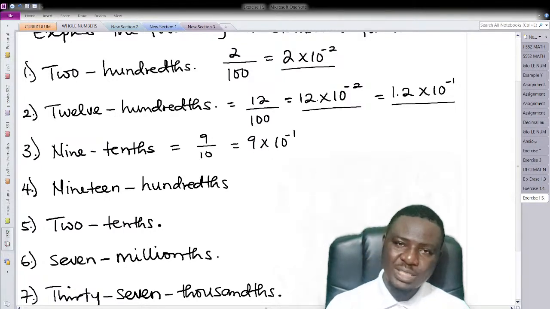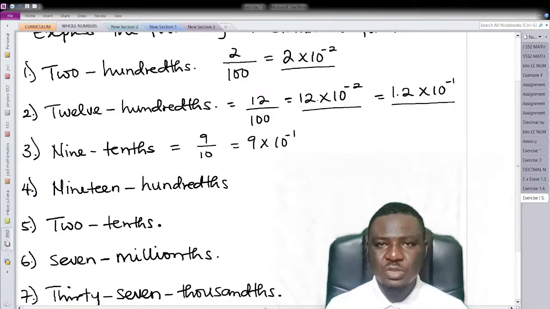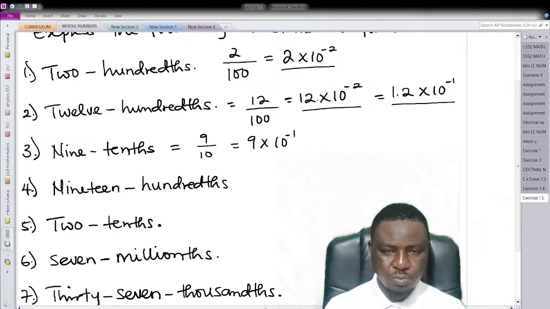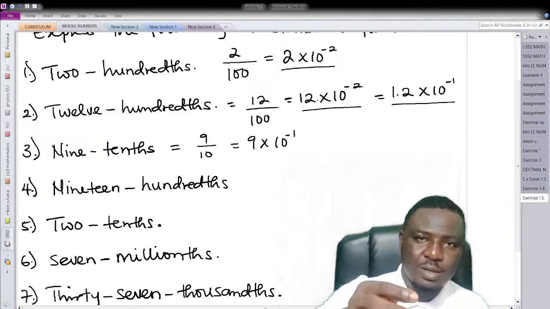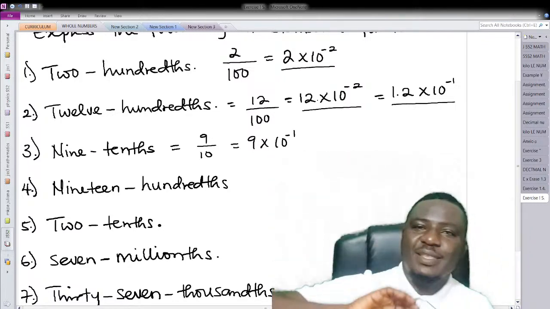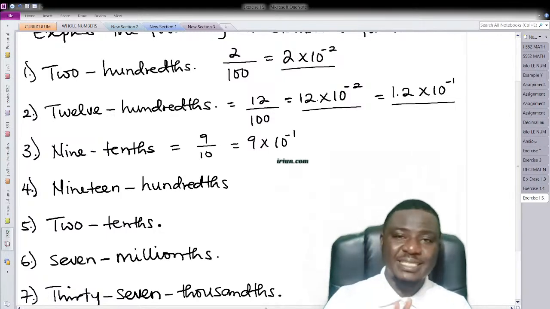In our subsequent classes, we shall be looking at basic operations on numbers in standard form.